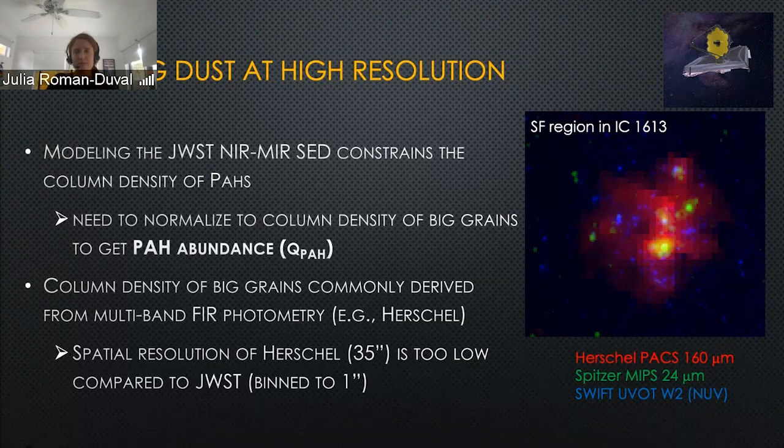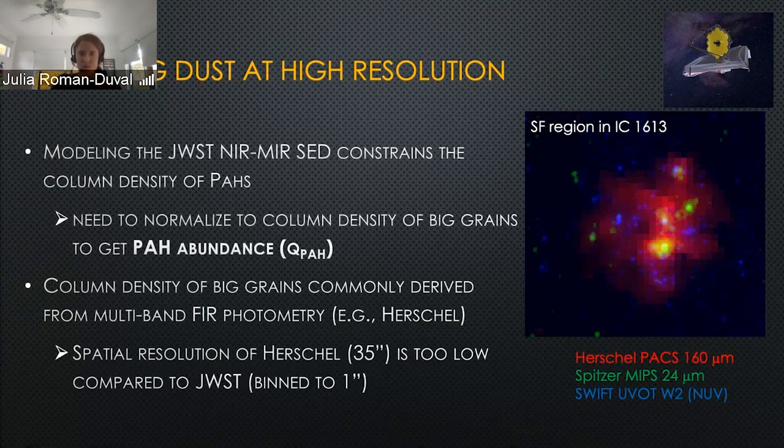The Spitzer MIPS at 24 microns is in green, and the Herschel images at 160 microns are shown in red. So we have those images, but those are only at 35 arcsecond resolution. You can see it looks pretty blobby in this image. However, the JWST resolution that we're going to get for the PAHs is 1 arcsecond, so it's really not well matched to the type of observation that we're going to have.